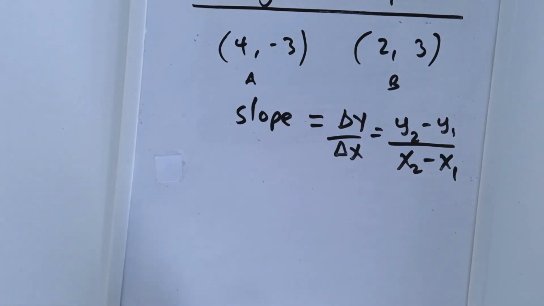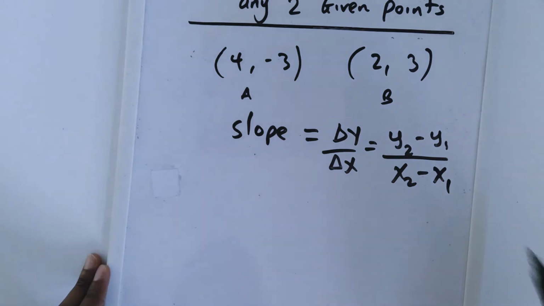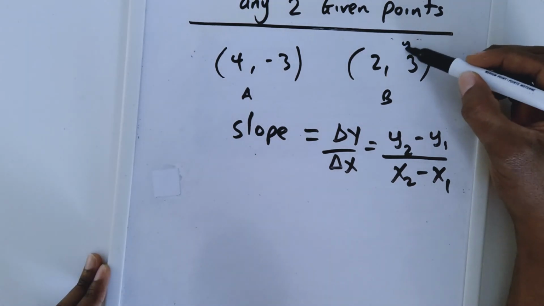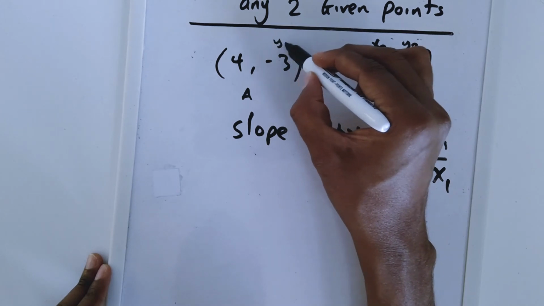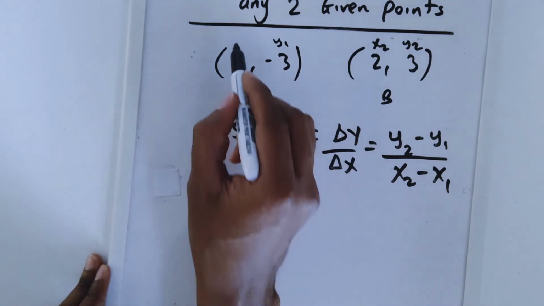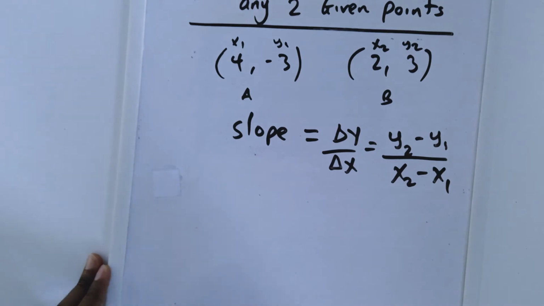The next step is identify which one is your y1, which one is your y2. So this is my y2, this is my x2, this is my y1, and that is my x1.